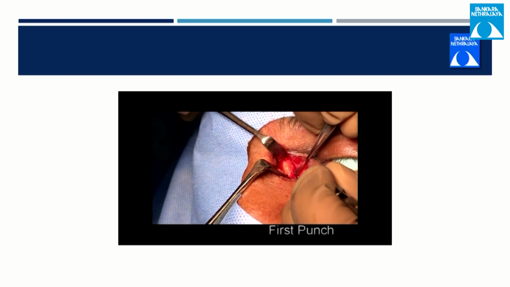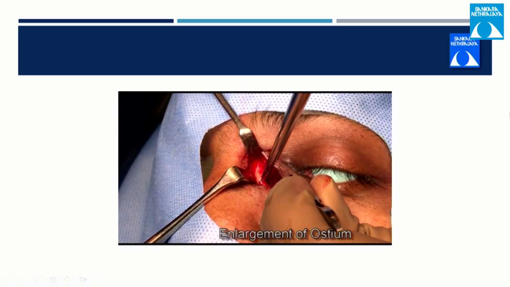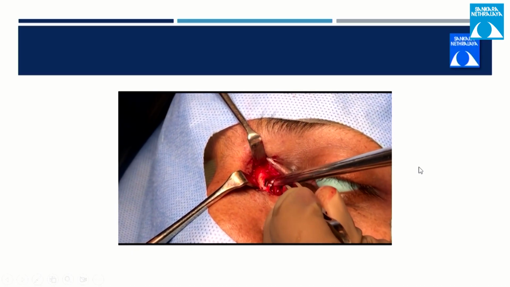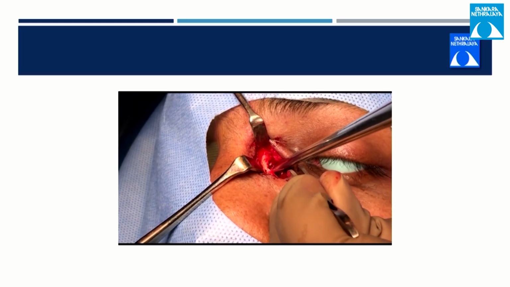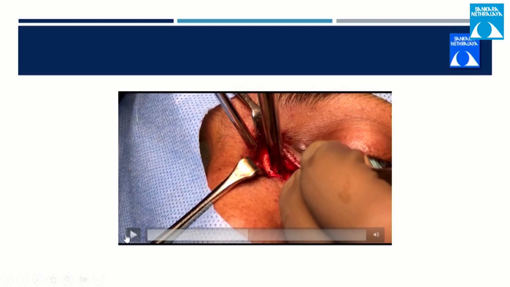A little above, up to the medial canthal tendon only you should do, because sometimes they'll have a low lying cribriform plate, so then you can have issues. See, you are not going so posterior.